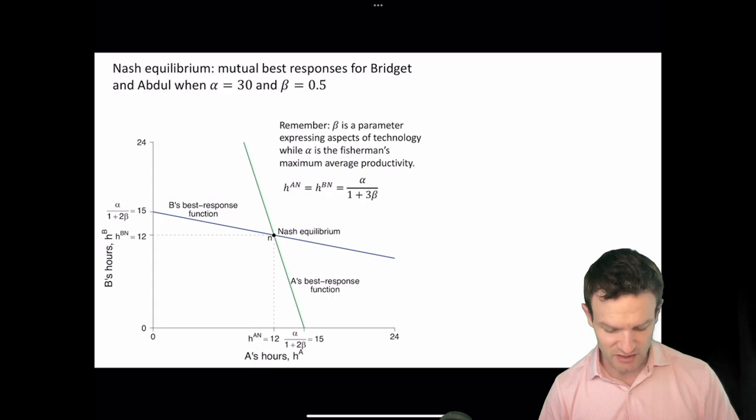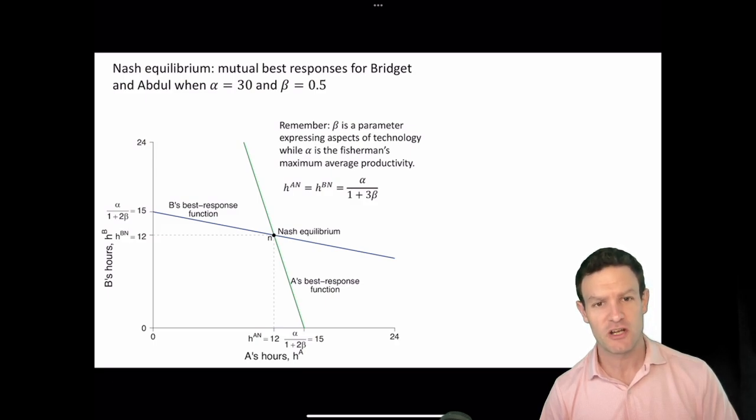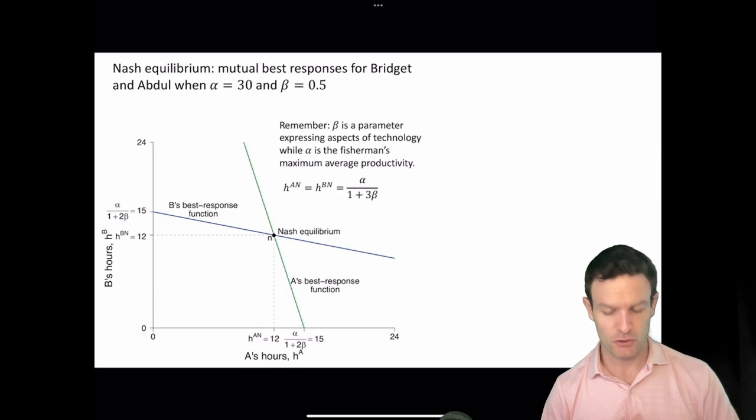So with the given parameters, we're going to end up at H superscript AN being equal to 12, and the same thing for Bridget. They're both going to fish the equal number of hours, 12 hours, when beta equals 0.5 and alpha equals 30.